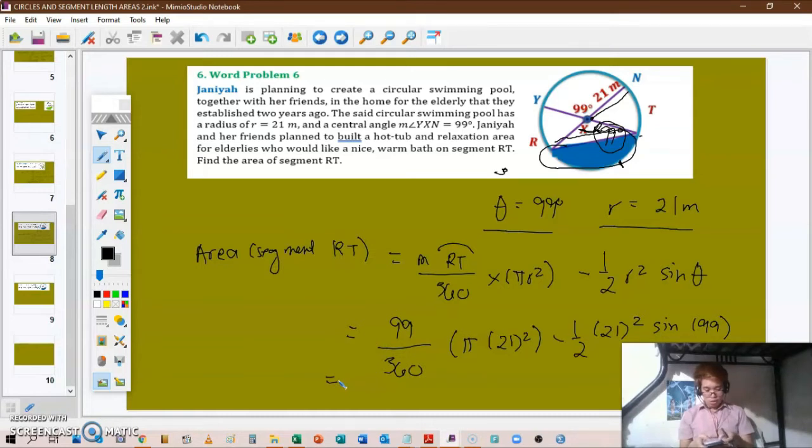That's going to give us 380.996491, minus 21 squared divided by 2, and then multiplying that by sine of 99 degrees. That's going to give us 217.785271.